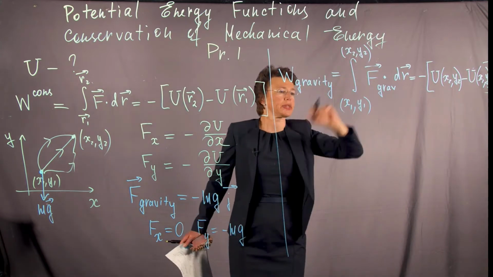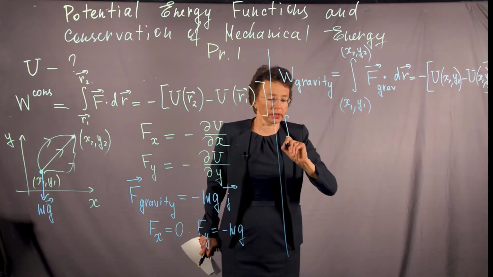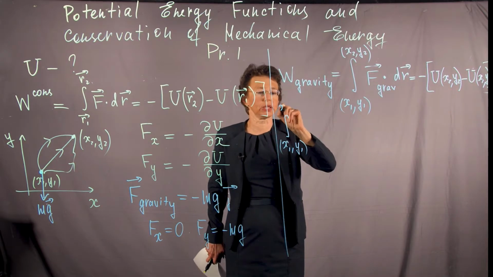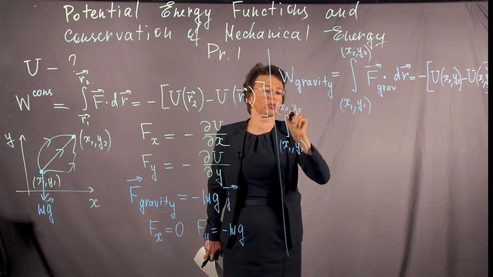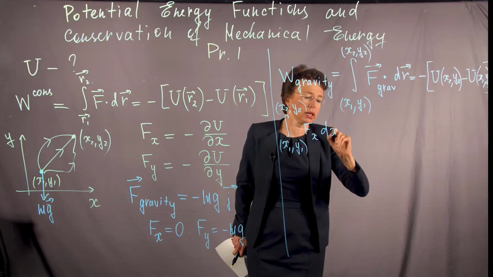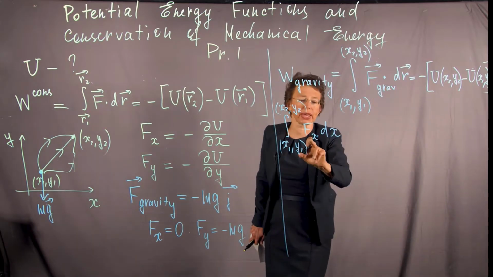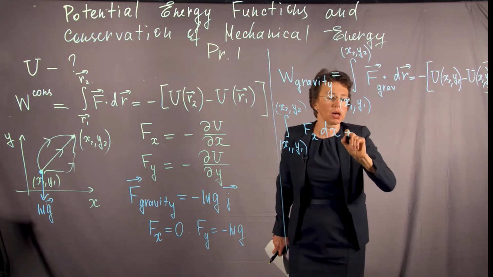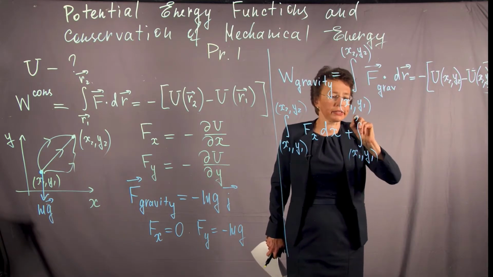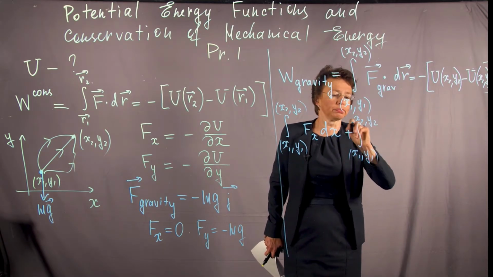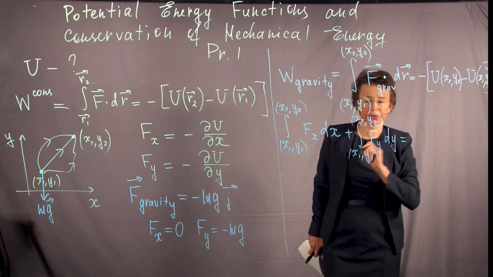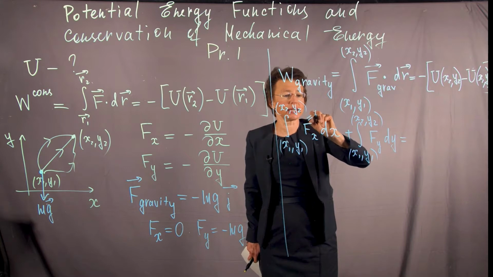Okay, so what is this integral? We know that this integral is integral from x1, y1 to x2, y2. This was the previous unit. We calculated work many times. I'm writing this dot product: integral of F sub x dx plus integral from x1, y1 to x2, y2 of F sub y dy. F sub x is 0.